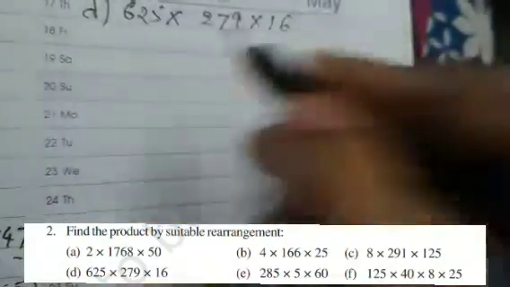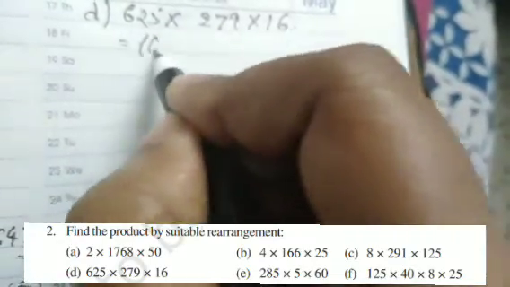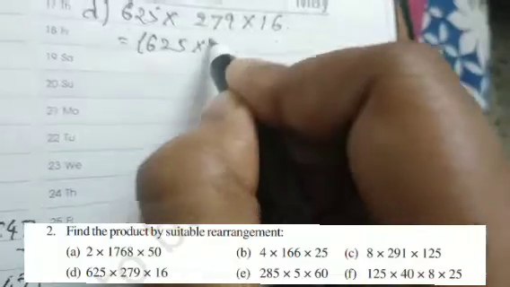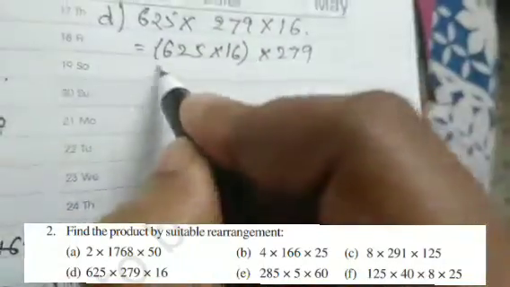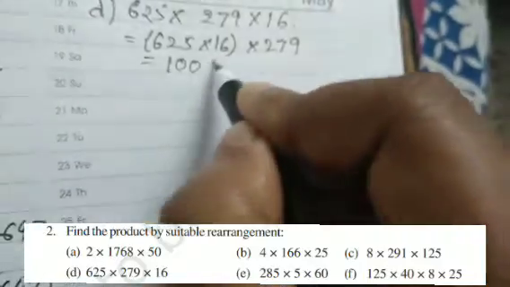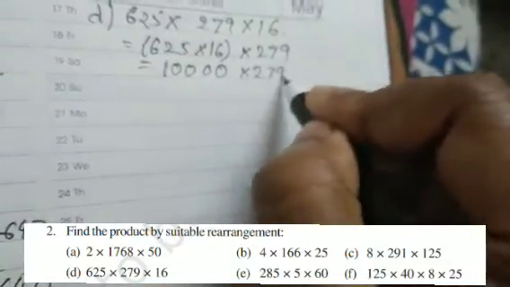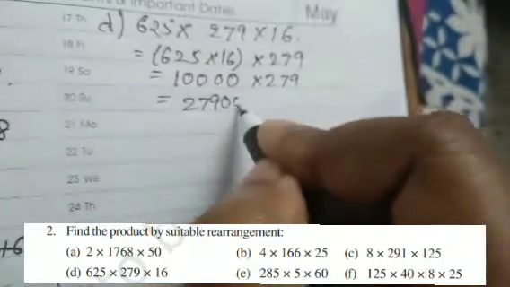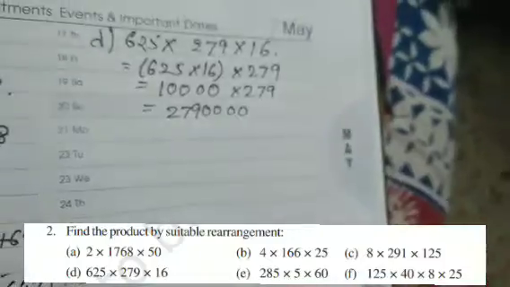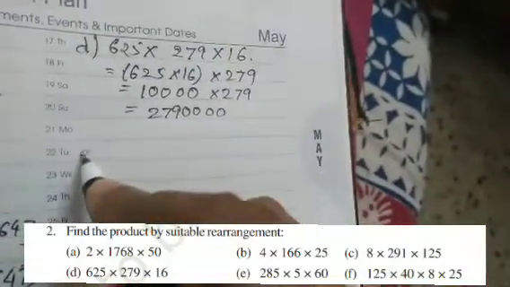If I do 25 into 4, it is 100, so 625 into 16 is 10000. So 10000 into 279 is equal to 2790000, right?